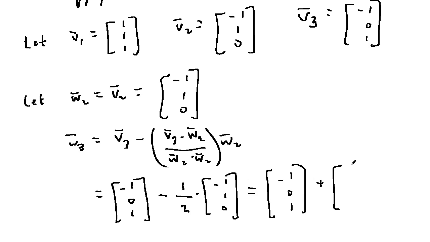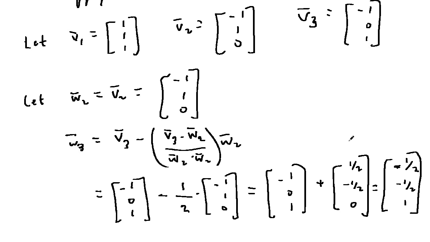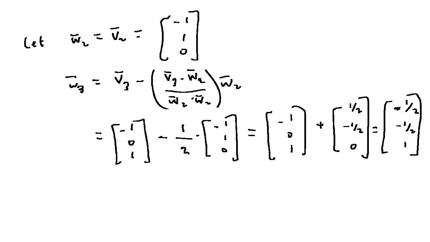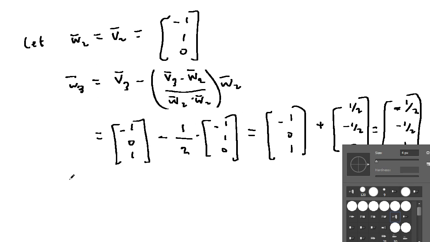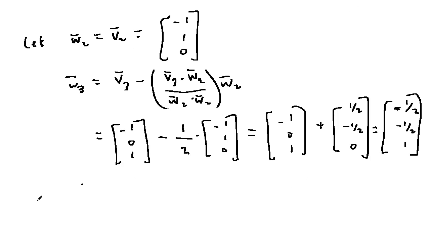Distribute that negative 1/2. And add these two vectors. Okay, good. Now normalize each of the vectors v1, w2, and w3.